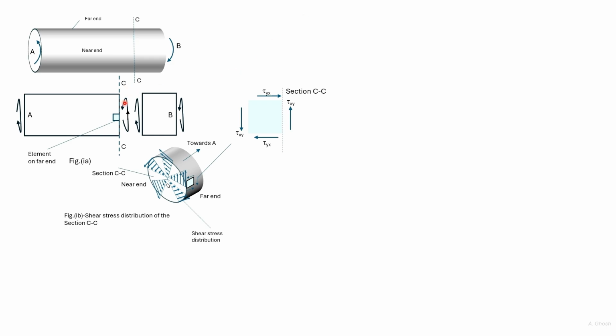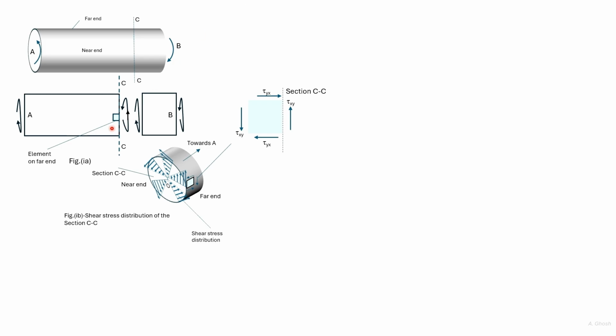The torque acting at CC is comprised of stresses acting on the section CC and is shown in this diagram. This is the near end, and this is the far end, or the end that is at a distance. We can see that the stresses here also cause an anti-clockwise torque.